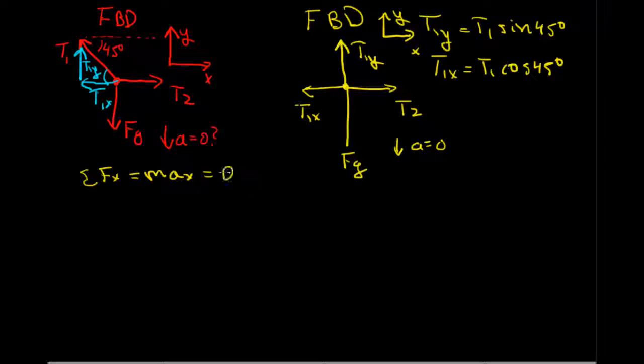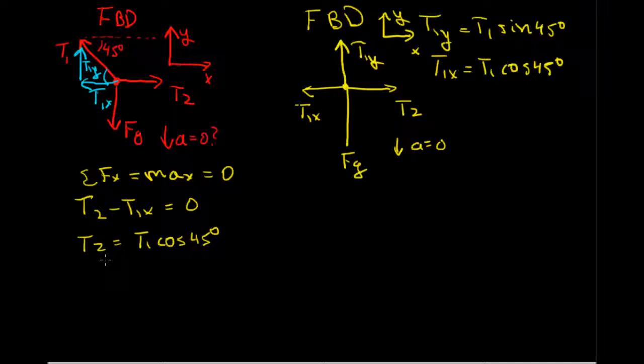Since the object's at rest, that's 0. That tells me that T2 minus T1X is equal to 0, or that T2 is equal to T1 times the cosine of 45 degrees. This doesn't solve my problem, but it gives me one of the tensions in terms of the other.